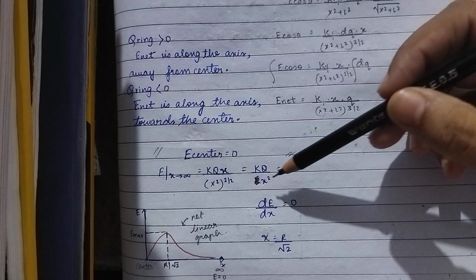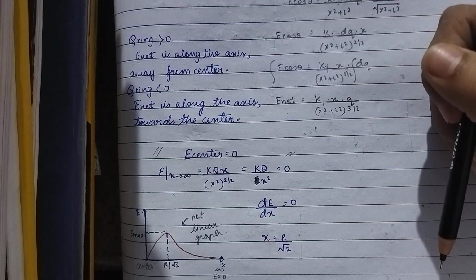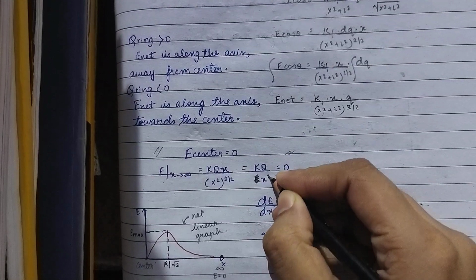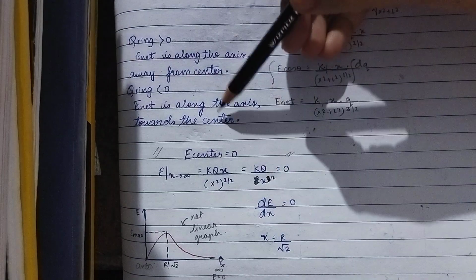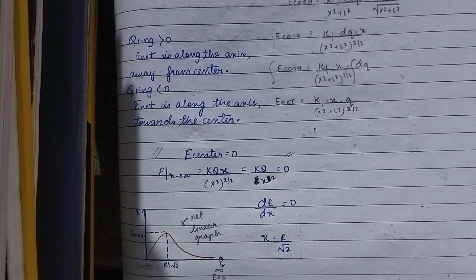So we directly get KQ by x square from here. I'm sorry, x cube from here. I'm sorry, x square from here. The x is on top also, I forgot. Now, where can we find the maximum electric field? It is at R by root 2.